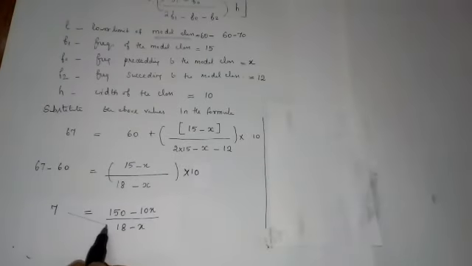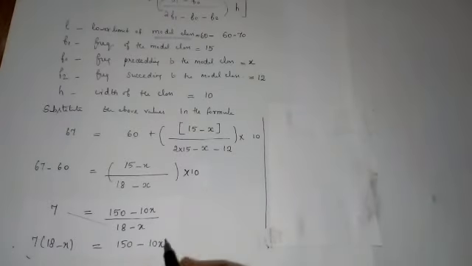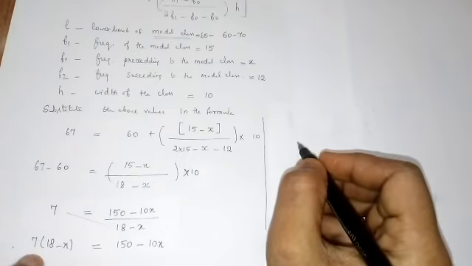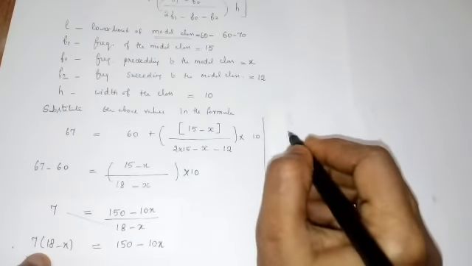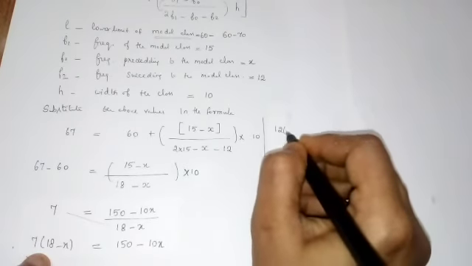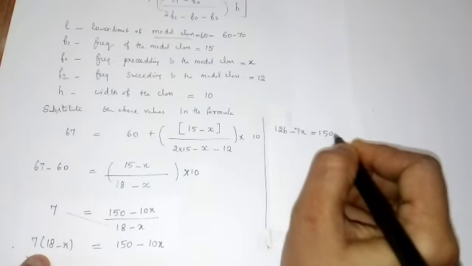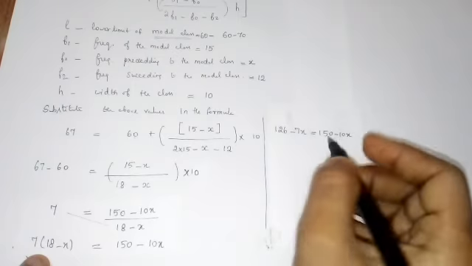Now you cross multiply. So 7 into (18 minus x) is equal to 150 minus 10x. 7 into 18 is 126, so 126 minus 7x is equal to 150 minus 10x.